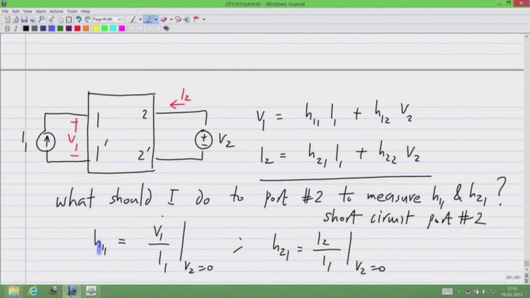So H11 is nothing but the resistance looking into port 1 with port 2 short circuited, and H21 is nothing but the current gain, the ratio of current in port 2 to current in port 1 with port 2 short circuited.